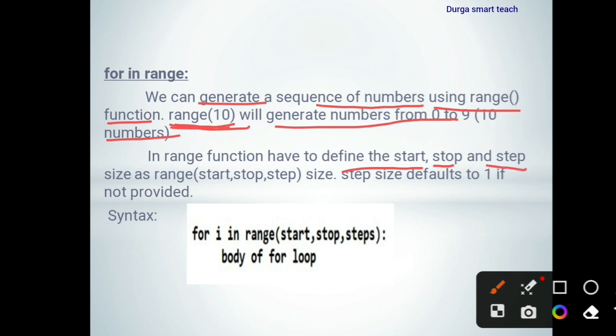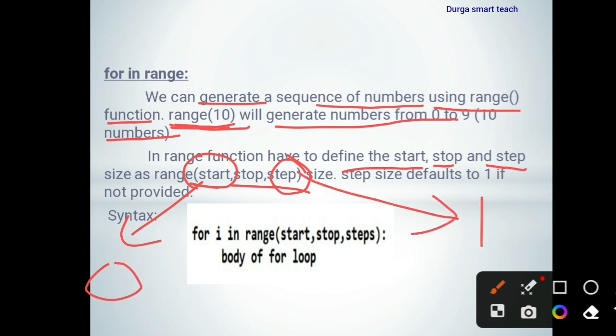So this function contains the parameters: start, stop, step. Start and step are optional. The default value for start is 0. The default value for step is 1. But you need to provide the stop.